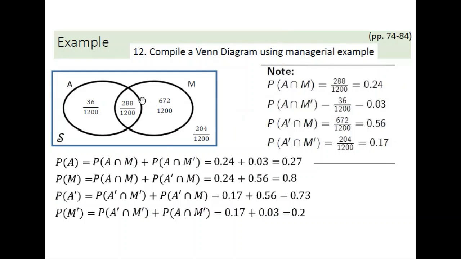And now we are going to obtain the probabilities based on this diagram. You can see A intersection M is this part. A intersection M prime, it means just A, is this part.